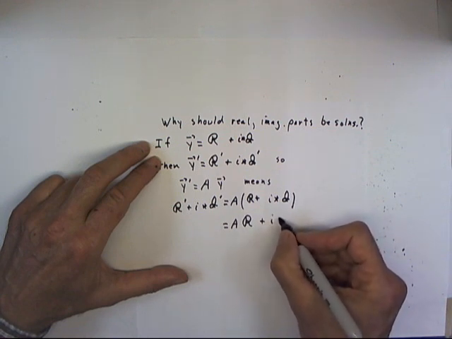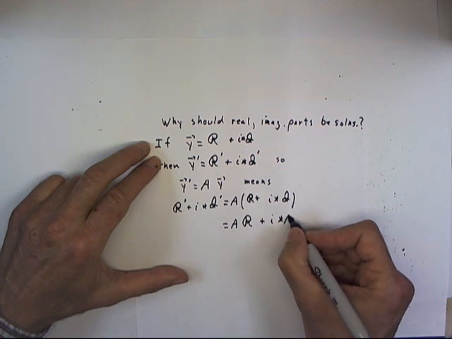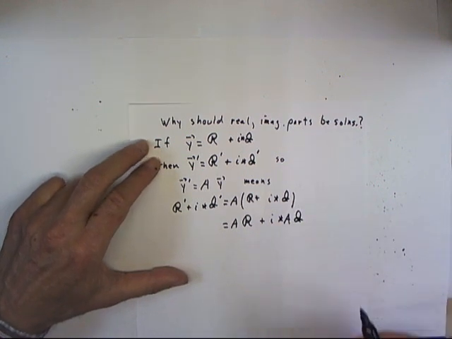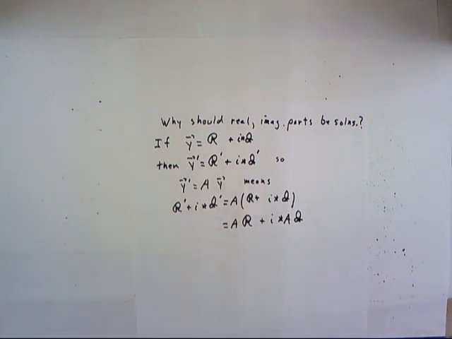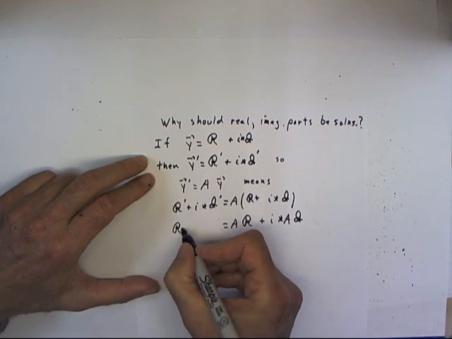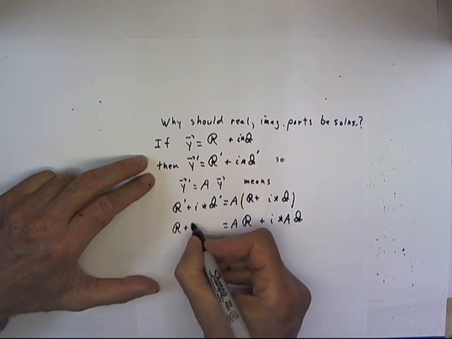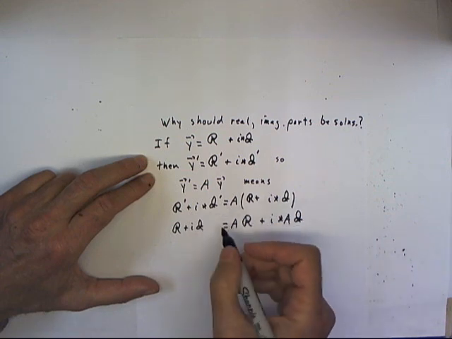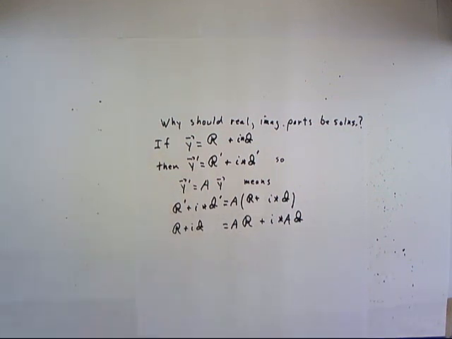I'm just going to say that's then i times A times the imaginary part. And that is, of course, equal to the real plus i times the imaginary part of the solution.